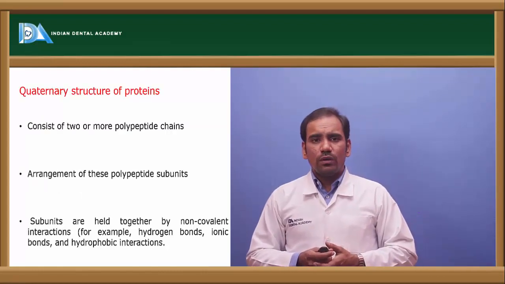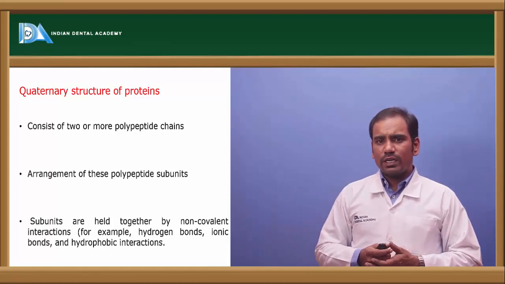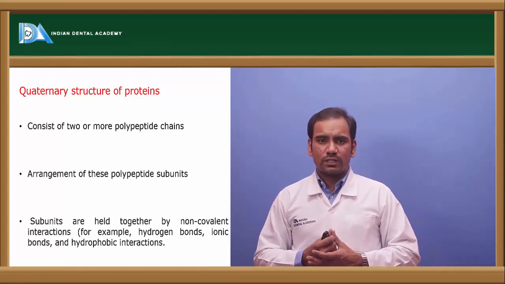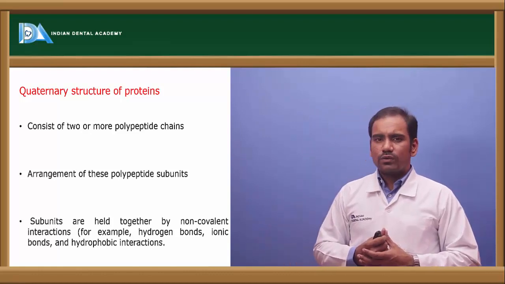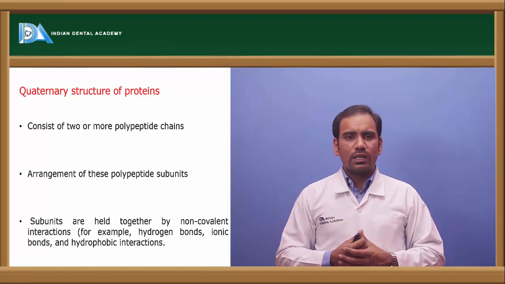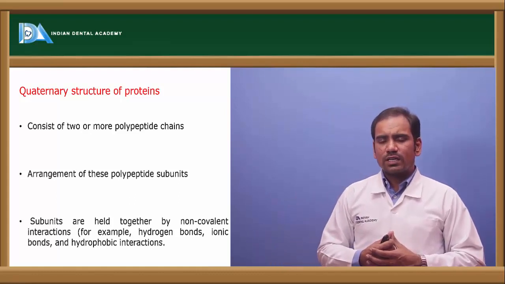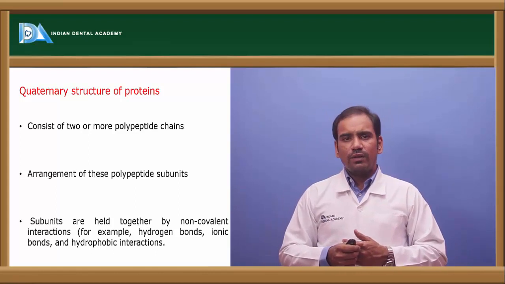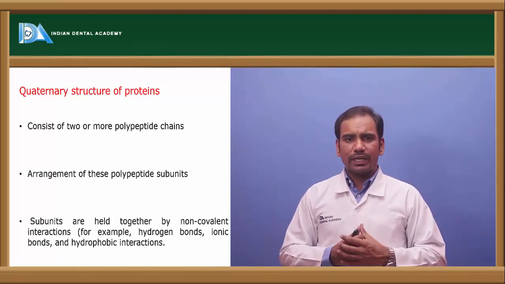Coming to the fourth level of organization of protein structure, that is quaternary structure. Till now we have seen primary, secondary, tertiary, and the last is quaternary structure. Proteins which have quaternary configuration generally have more than one polypeptide chain.